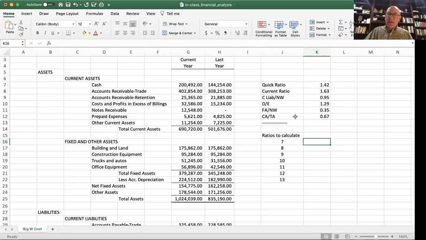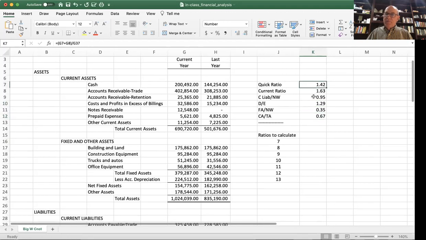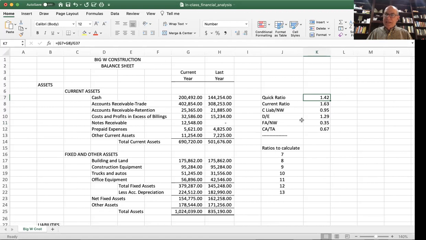And this will apply, I mentioned this briefly last Tuesday, to any of these ratios where, let me back up just a second. So far, all of these ratios we've been using the balance sheet to calculate, right? All of them have been assets and liabilities, receivables, cash, net worth, all those things.